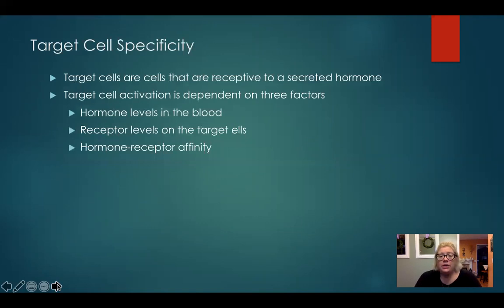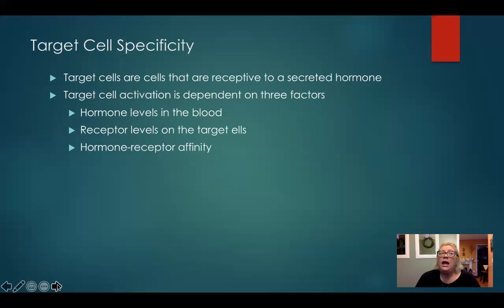Now, one last thing I want to talk about in this lecture, before we actually get into talking about specific endocrine organs or endocrine glands and specific hormones, is this word target cell that I keep saying. So target cell or target organ. A target cell is going to be a cell that is receptive to a specific secreted hormone.